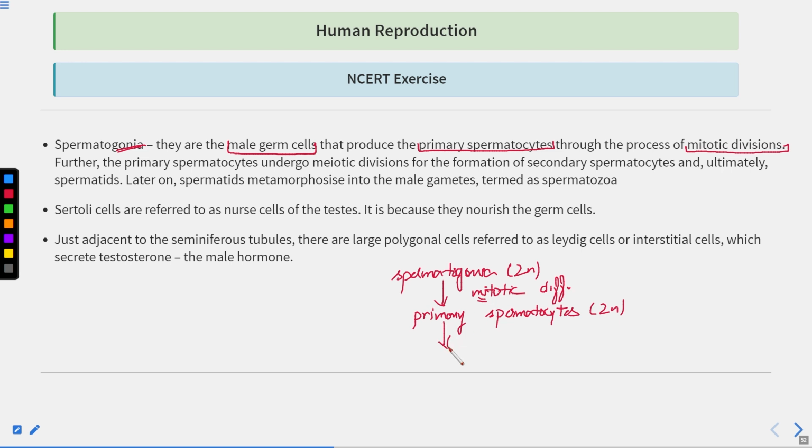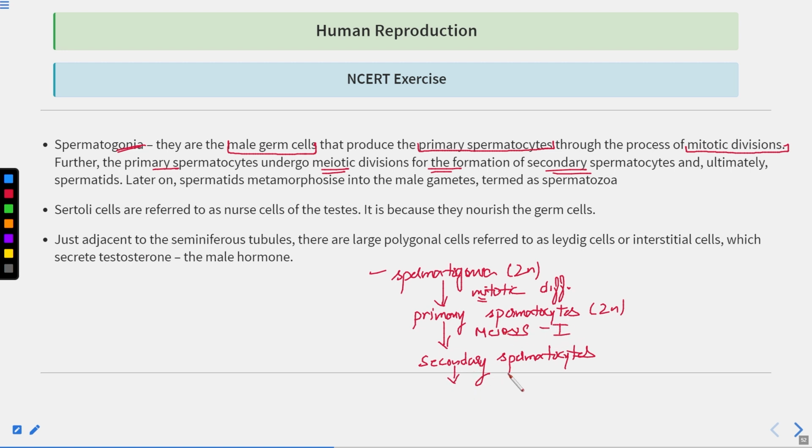Then meiosis 1 will take place. That's why I have told you that through meiosis in these spermatogonia, sperms are produced. So this will produce secondary spermatocytes. The primary spermatocyte undergoes meiotic division for the formation of the secondary spermatocytes. Two secondary spermatocytes are formed here. This is meiosis 1. Meiosis takes place in two phases.